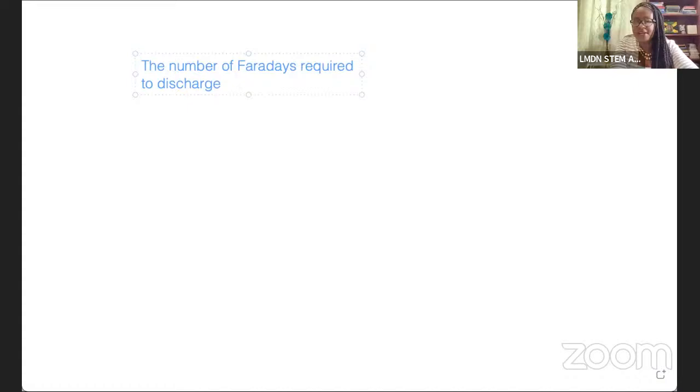So I'm going to write this in a text box. This is an alternate phrasing of the second law, and it says that the number of Faradays required to discharge one mole of an ion at an electrode is equal to the size of the charge on the ion. So already you see a new word, Faradays. I didn't tell you about Faradays before. I told you about Faraday's constant.